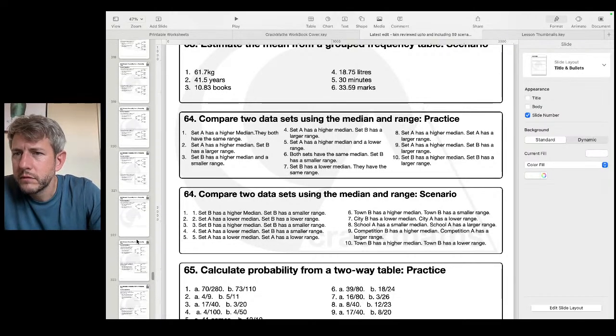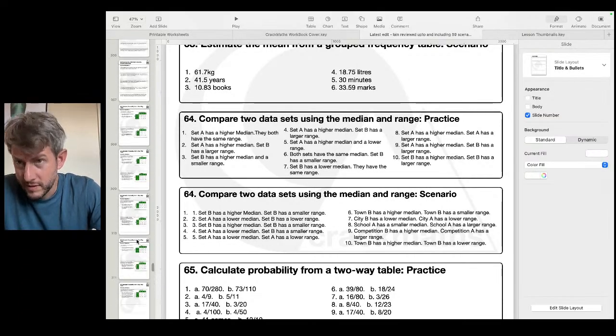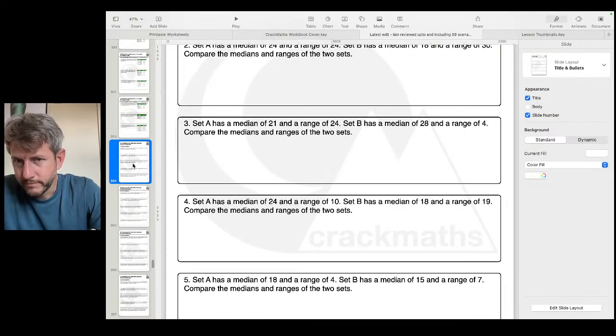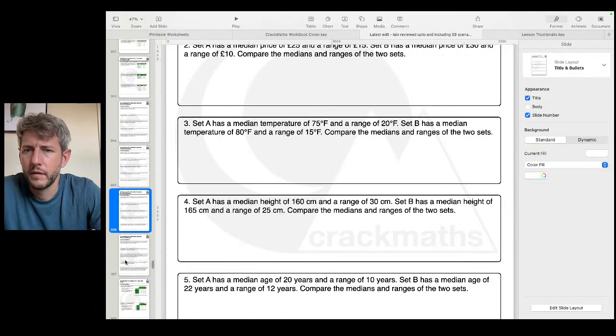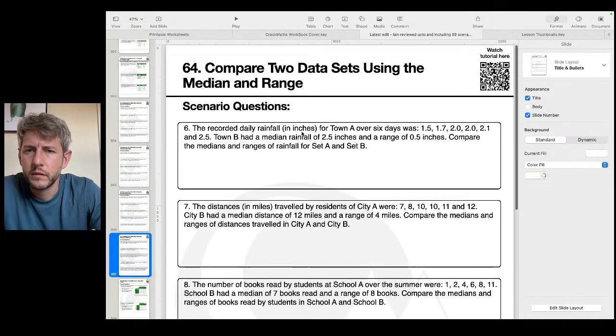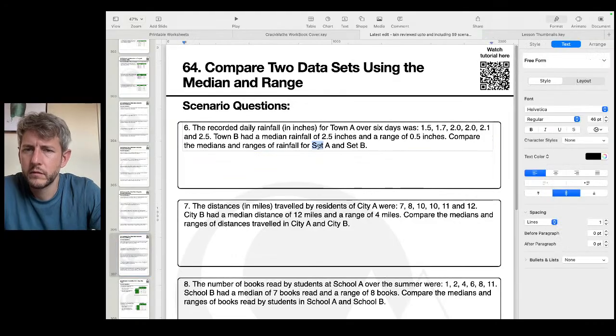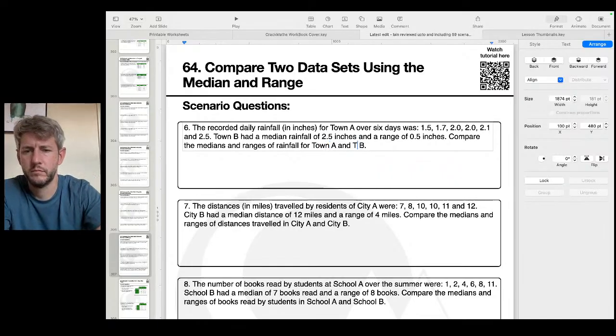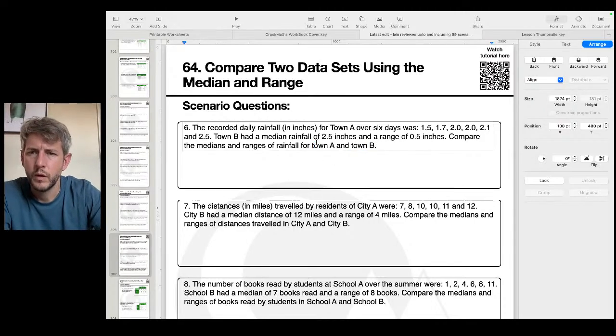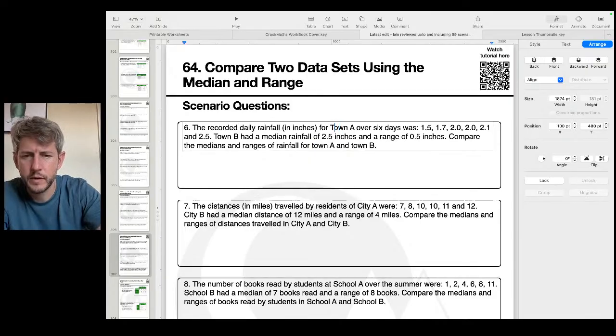Here we go. I think town needs a capital letter.